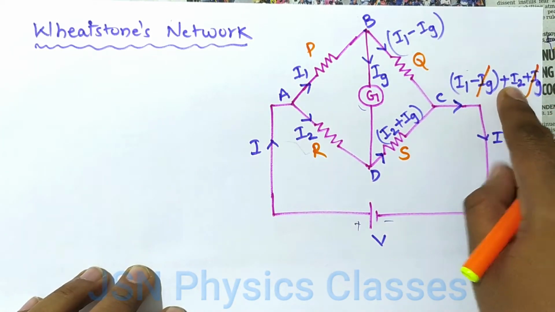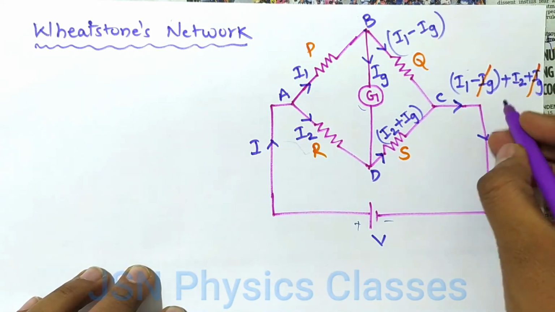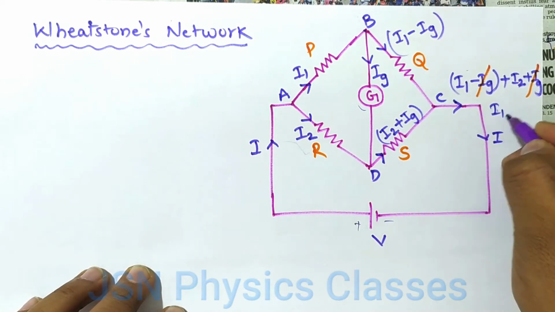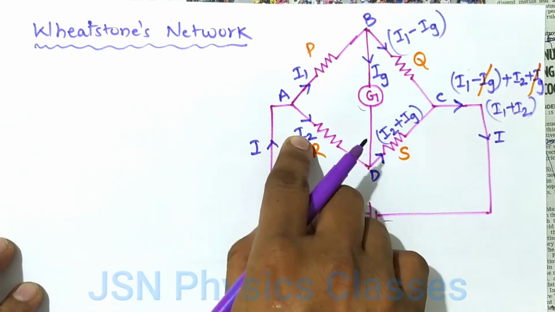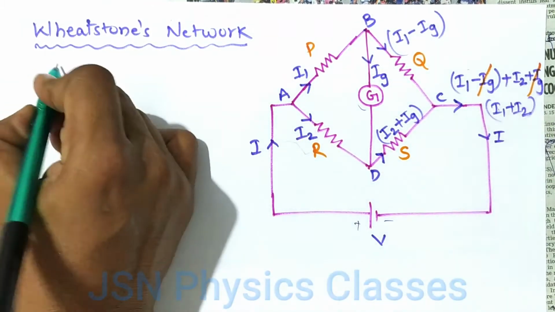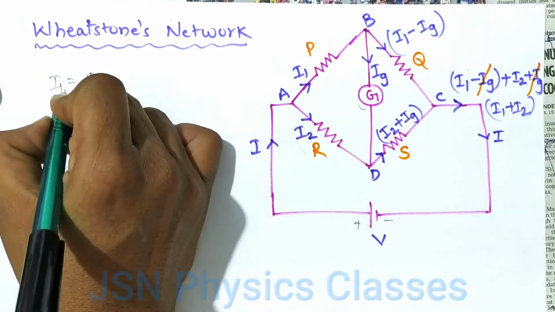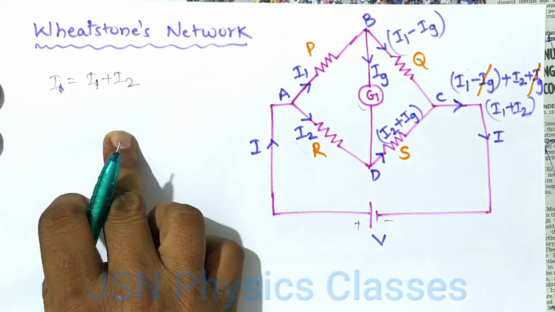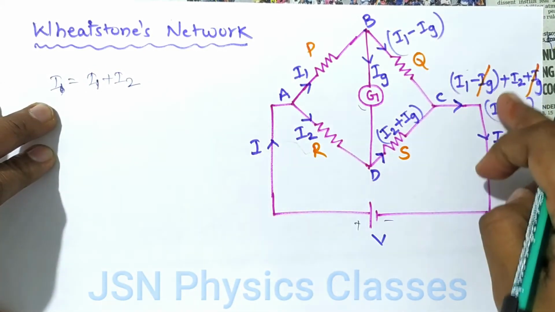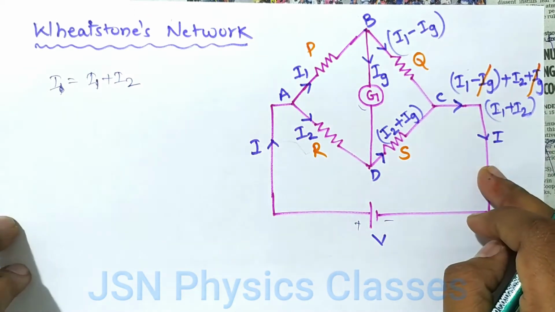I1 plus I2. But what is I1 plus I2 here? So from this network I can write I is equal to I1 plus I2. So the same amount of current is leaving from the circuit.